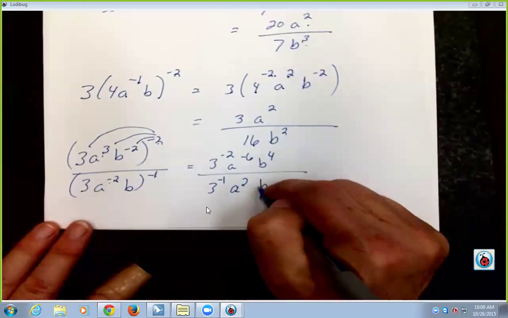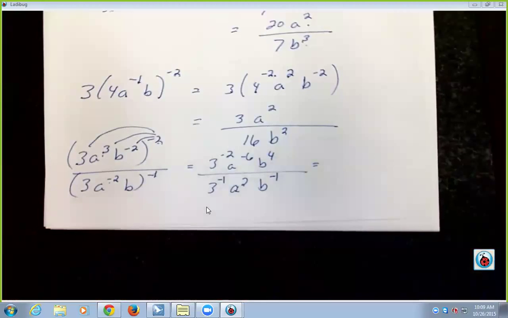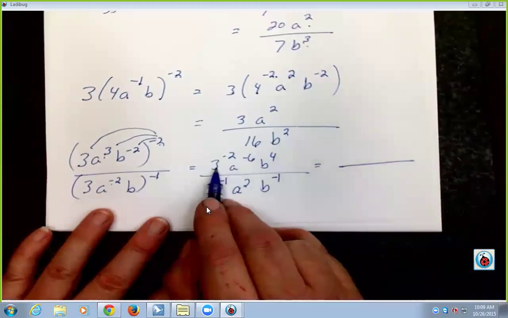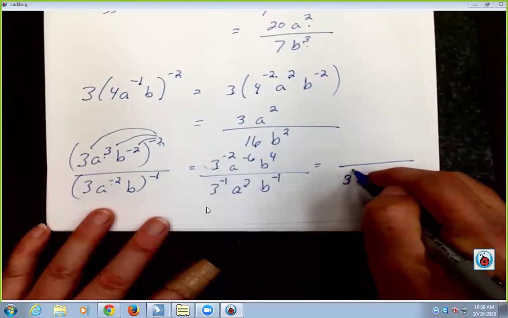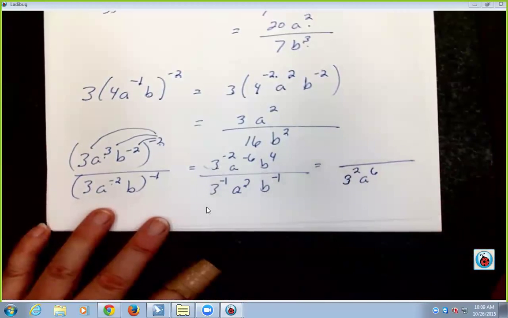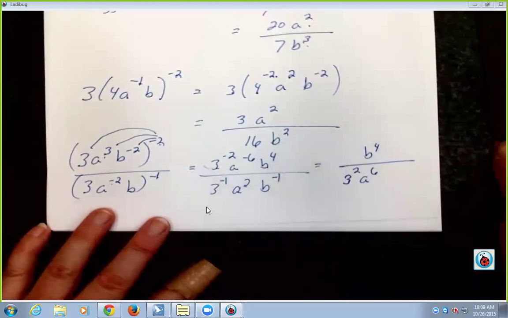Negative 1 times b is a negative 1b. And then before I do anything else, I'm going to adjust this and get them to where they're supposed to be. So this 3 is going to go to the bottom and become a square down there. A to the negative 6 is going to go to the bottom. B to the 4th stays where it's at.